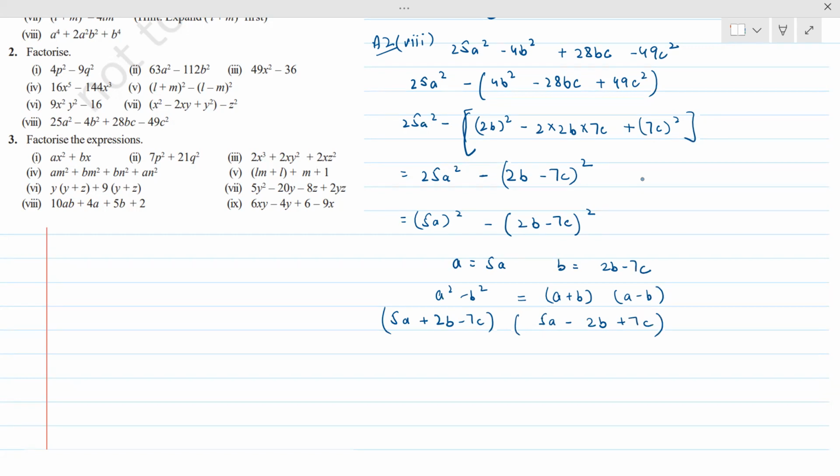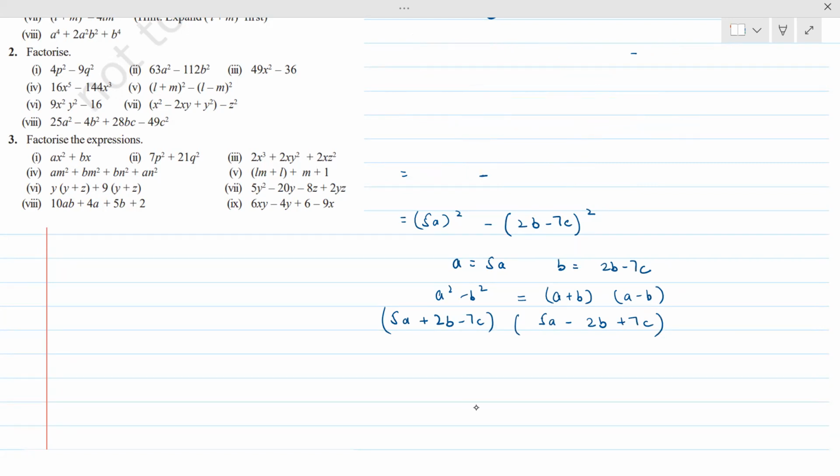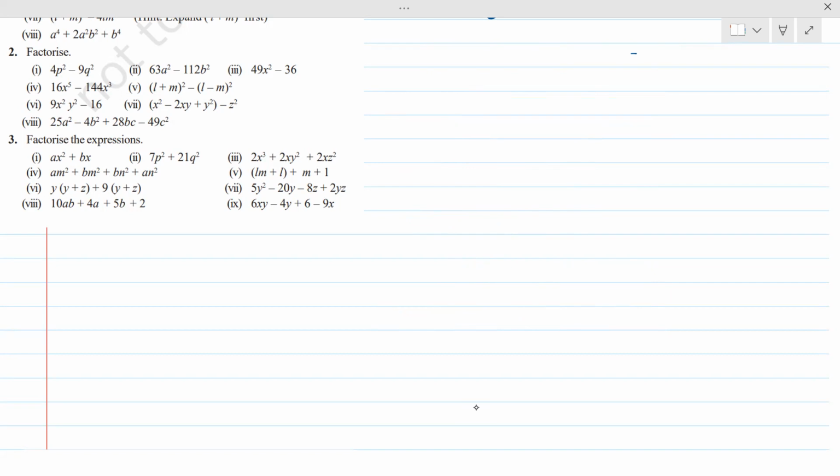Okay. Now coming to the question number 3. Let's take question number 3 as, again it is the factorization. In this different identities will be applied. I'm just rubbing it off, just a minute. Answer 3. Let's take any of the first part.